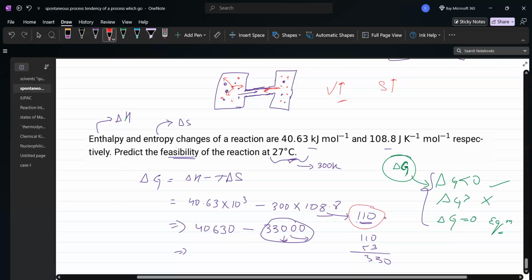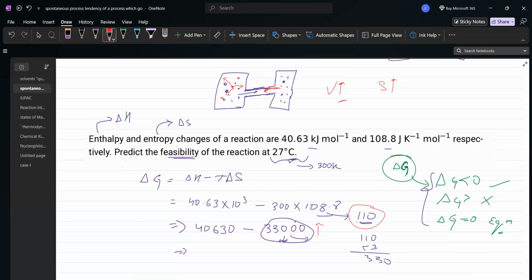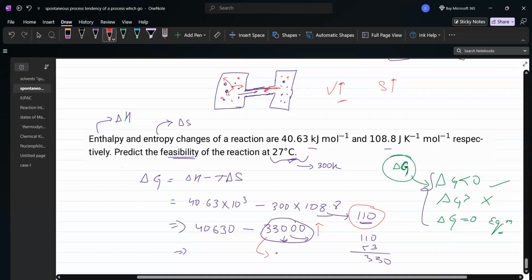Since we have assumed it a little bigger, the answer will be a little bigger only. Is everybody getting this or not? Leave it if it is giving you issues, no problem. The real answer, I have used the calculator, is 32640.